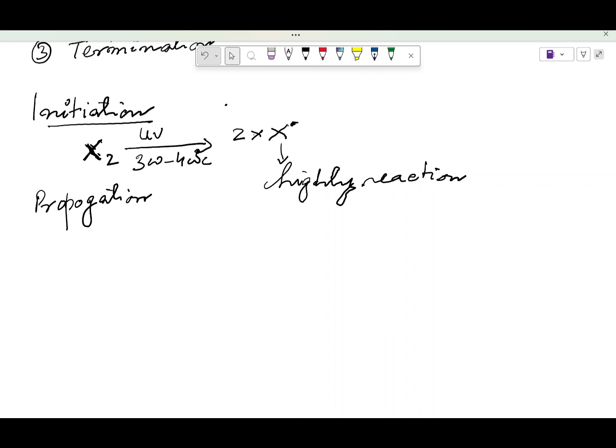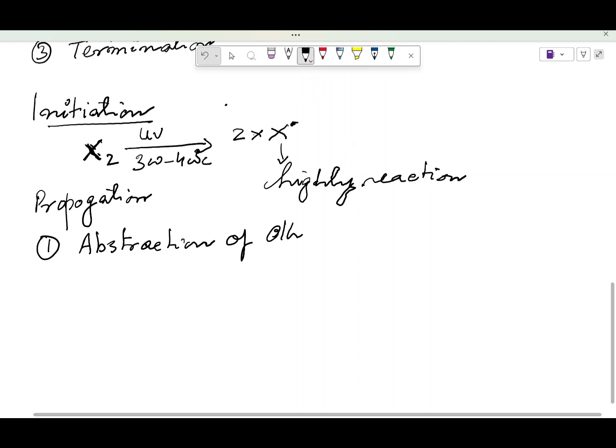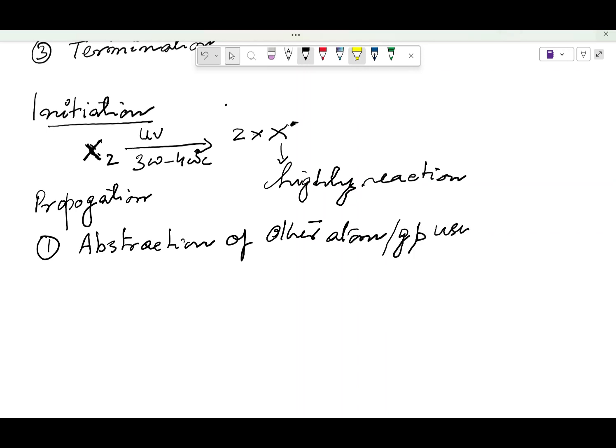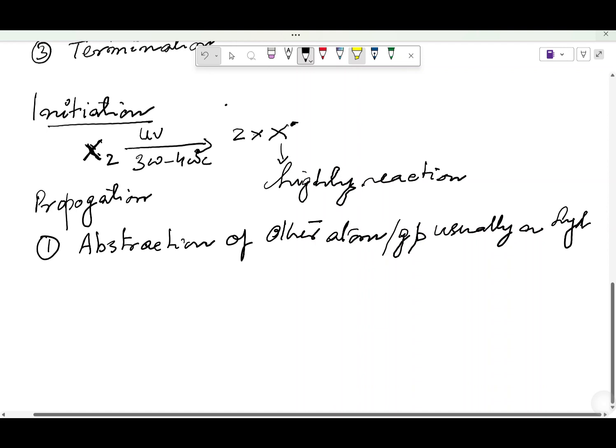Number one is abstraction of other atoms or group, usually a hydrogen.